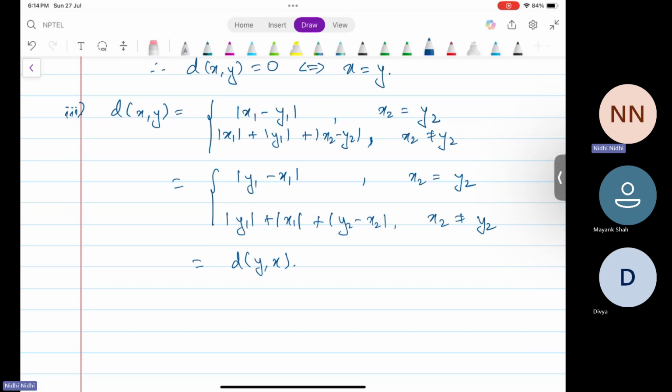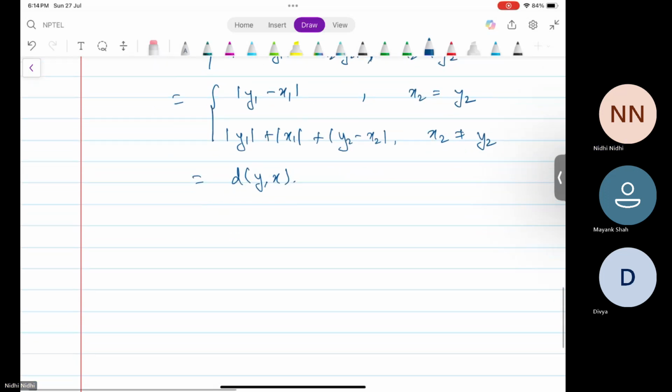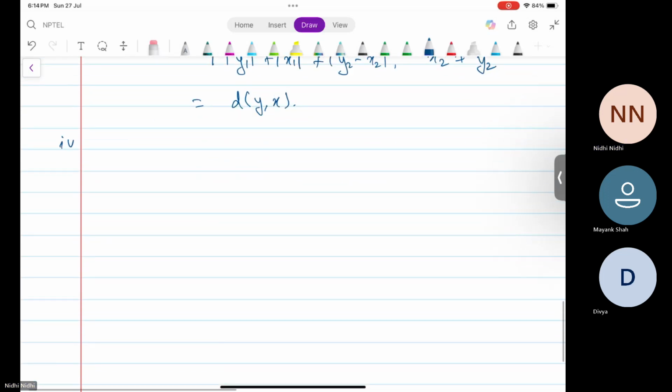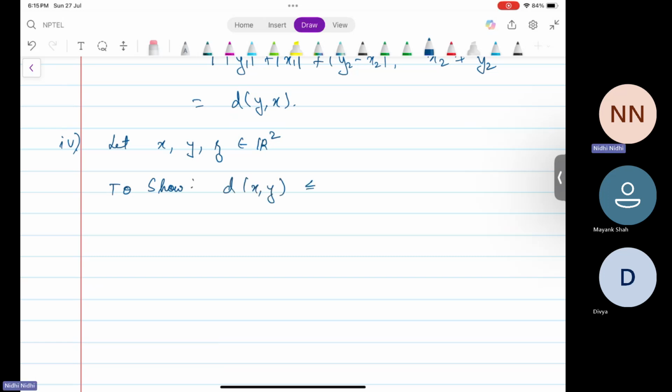The next main important one is the triangle inequality. Let's see how we can prove that. Let x, y, z belonging to R2 be arbitrary. We need to show that dxy is less than or equal to dxz plus dzy.